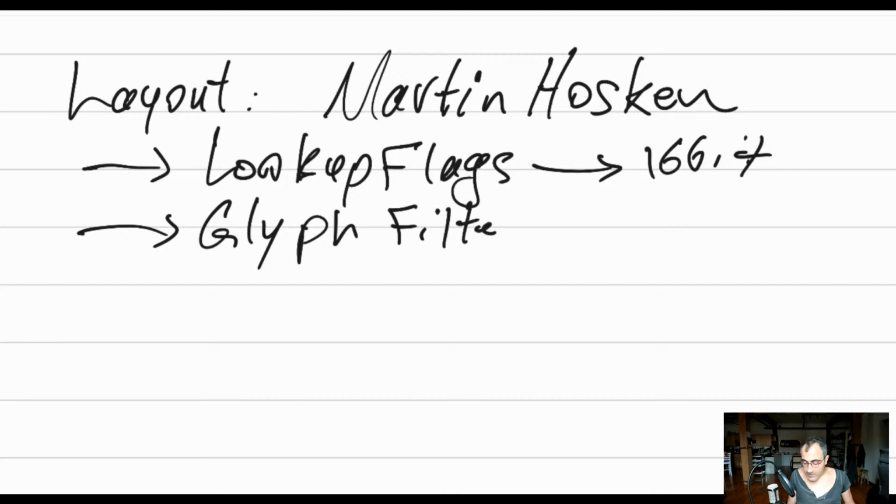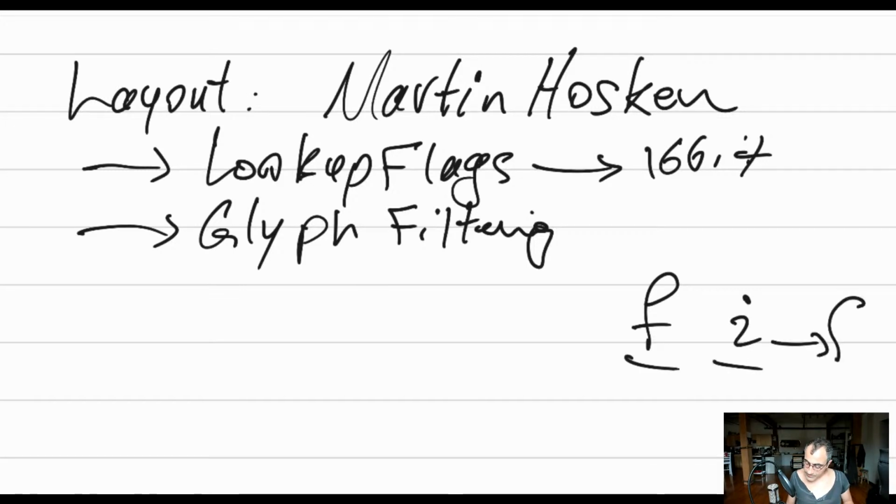There's one called glyph filtering. Currently, in the GSUB/GPOS tables, for example, imagine you are ligating F and I, but you want to write your ligature rule to work even if there's a combining mark in the middle, like an accent.